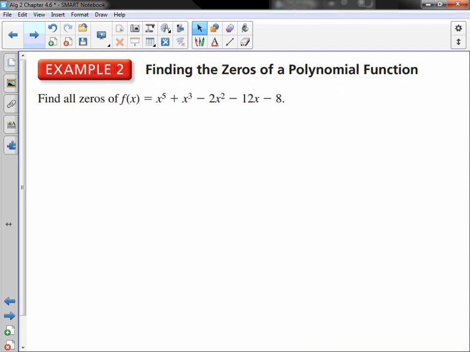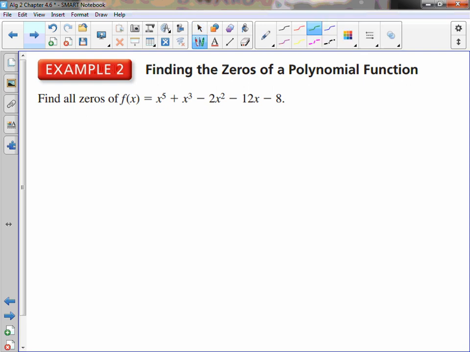How many solutions would this one have? 5. So the answer to this one would be 5. It does have 5 solutions.